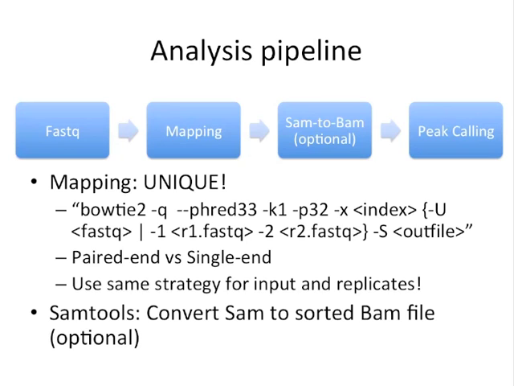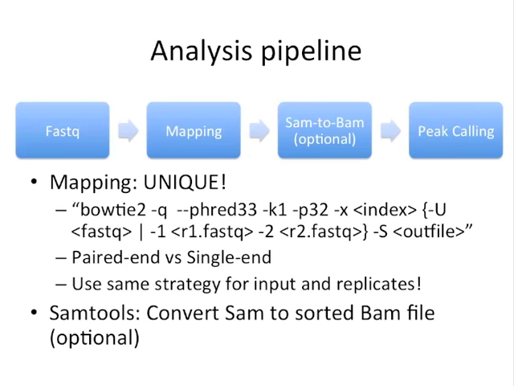For Bowtie 2, which is what you learned how to use earlier in this class, these are the settings that I use. So you do -q, which means a FASTQ input file. I like to add the --phred33, which indicates that you're using the Illumina quality score of Phred33. You don't have to put this in.